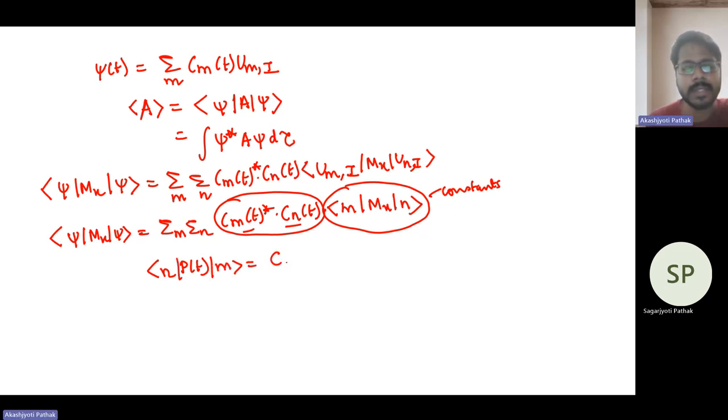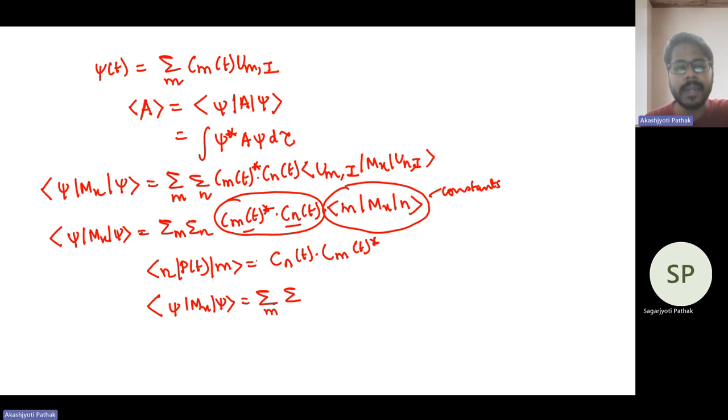You can write it as Cn of t into Cm star. So we replace Cm of t, Cn of t in this form, P of t. We have treated this matrix as made up of matrix elements of a time-dependent operator P of t.